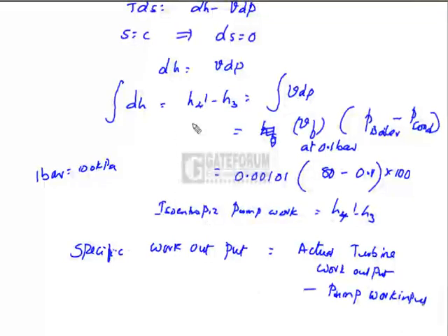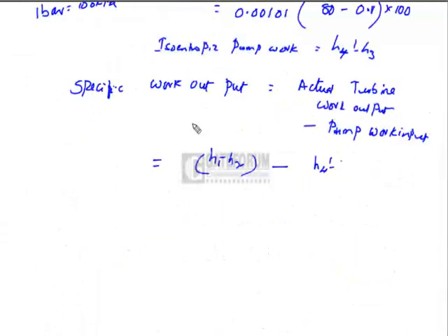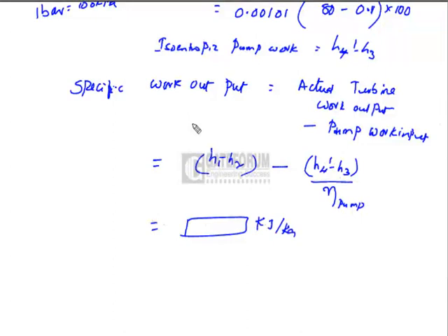This is also actual, which is calculated as H1 minus H2 minus H4 dash minus H3, that is isentropic pump work divided by efficiency of the pump. This gives the specific work output of the cycle in kilojoules per kg.